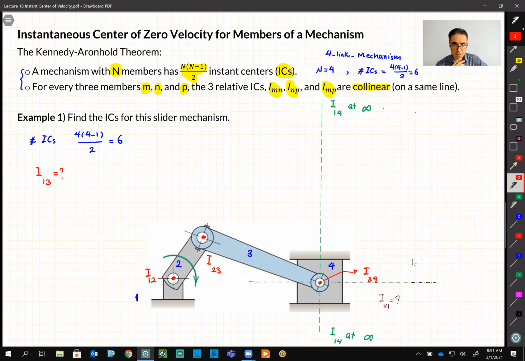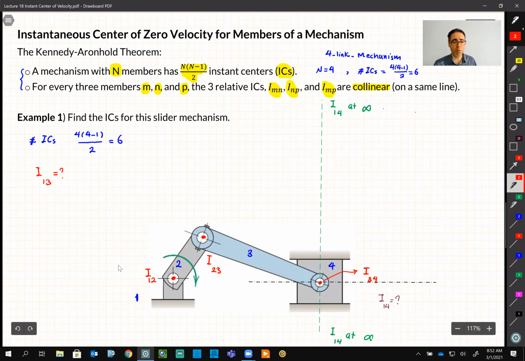Let's stop here. You can think about it, and on Wednesday, I want you to find these 6 instant centers for me, using all the information that we have. Which information? We know that every 3 centers of velocity have to be on the same line.